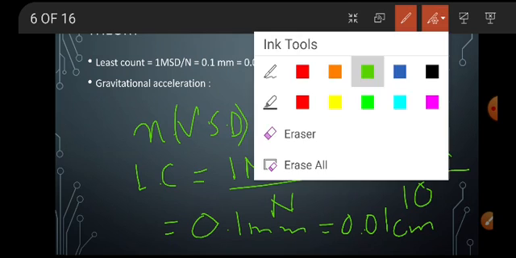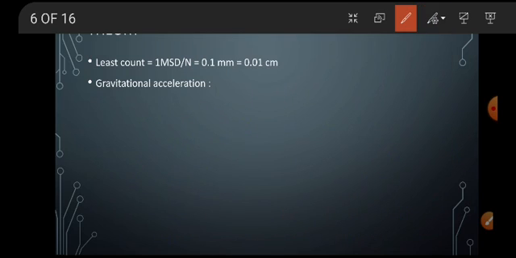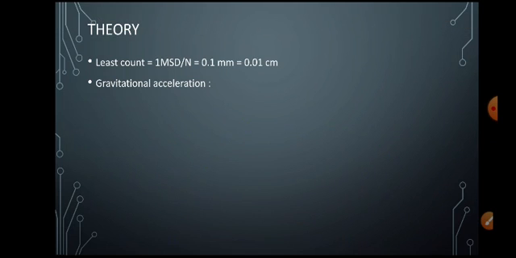Second, you have to find out the gravitational acceleration of the given place by using the simple pendulum. So what is the gravitational acceleration?